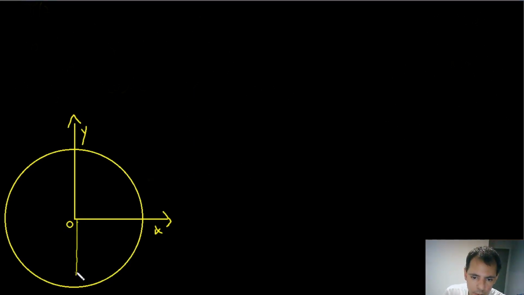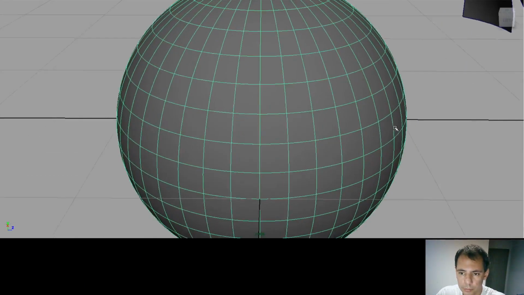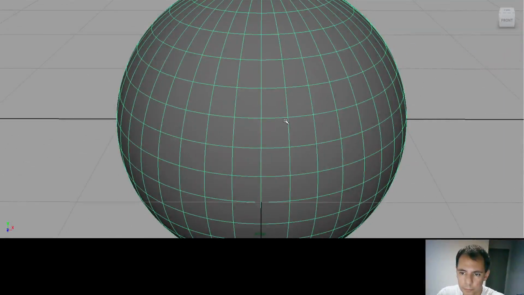We're gonna start with a vector here, and at this point, phi, okay, now this is not theta anymore, this is phi. Phi here is gonna be minus pi divided by 2, and then when it gets here, it's 0, and when it gets over here, it's pi divided by 2. Now there's something else that I gotta show you because this is a very complicated way of thinking. You see here what's happening? I'm gonna put the isoparms in here again.